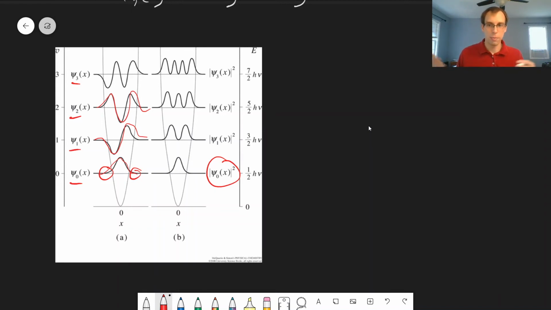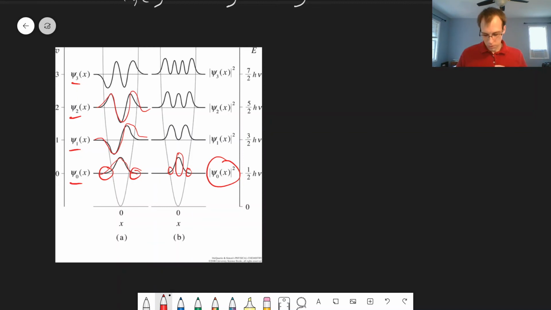So the probability should be highest near those turning points and a little bit lower towards the middle. We get the exact opposite behavior for the lowest energy level. The highest probability is right in the middle, at its resting place, and the turning points actually have the lowest probability. So again, quantum is not the same as classical. That's a theme, of course.